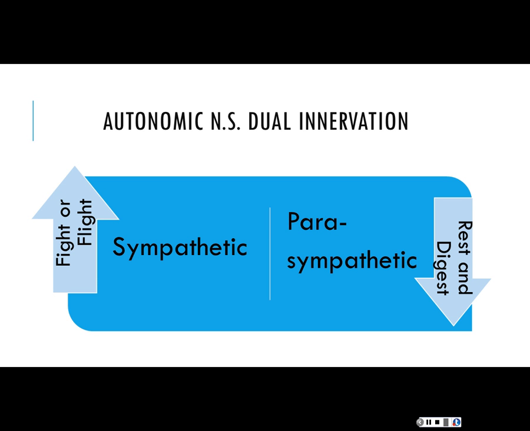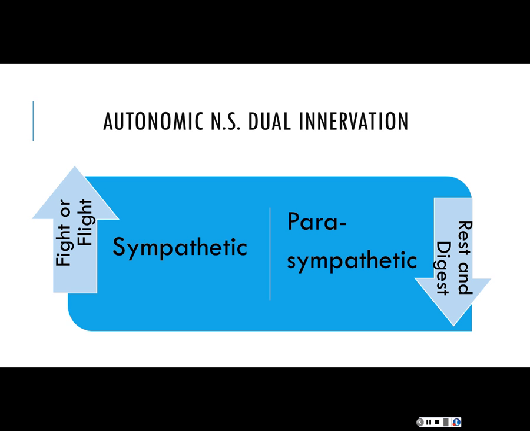Because the sympathetic nervous system is activated when we're in the fight or flight response, and the parasympathetic is activated when you're resting and digesting. So, our internal organs are dually innervated by both subdivisions of the autonomic nervous system.